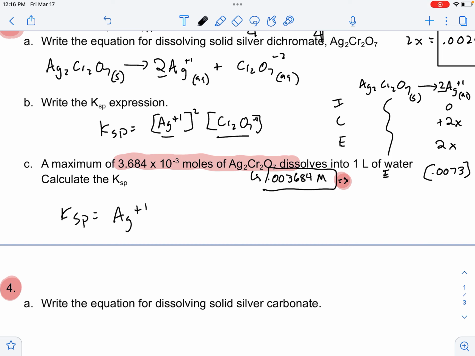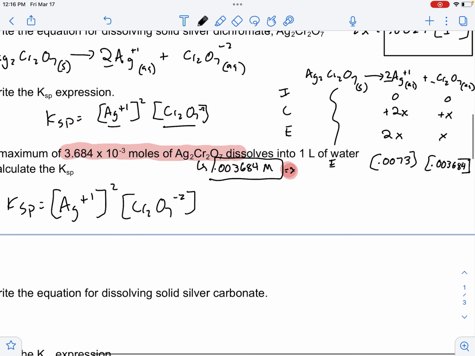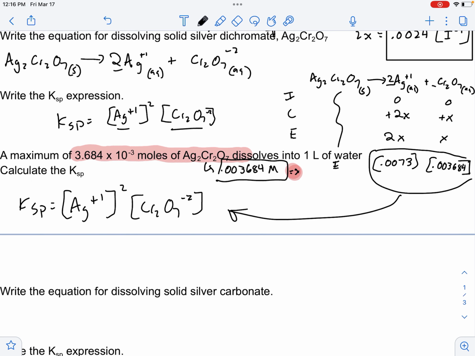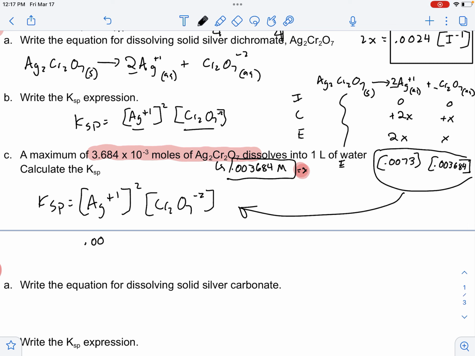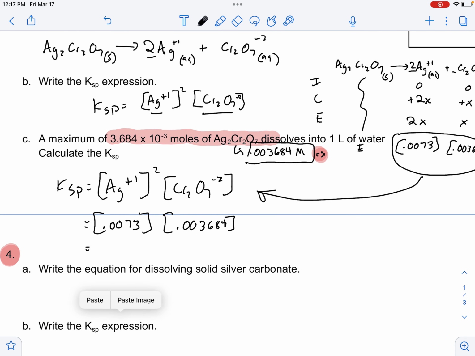Ag+1 squared, Cr2O7 -2. And then we take our values that we just got and we plug them in. So silver is 0.0073 and dichromate is 0.003684. Can't forget the square.